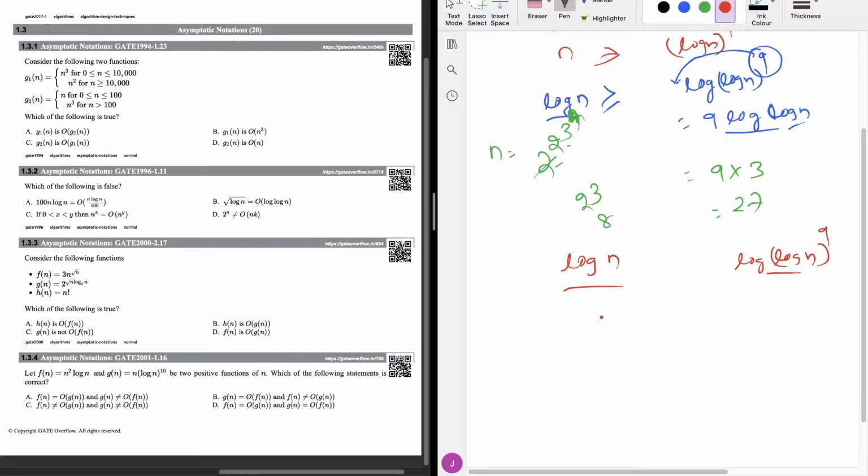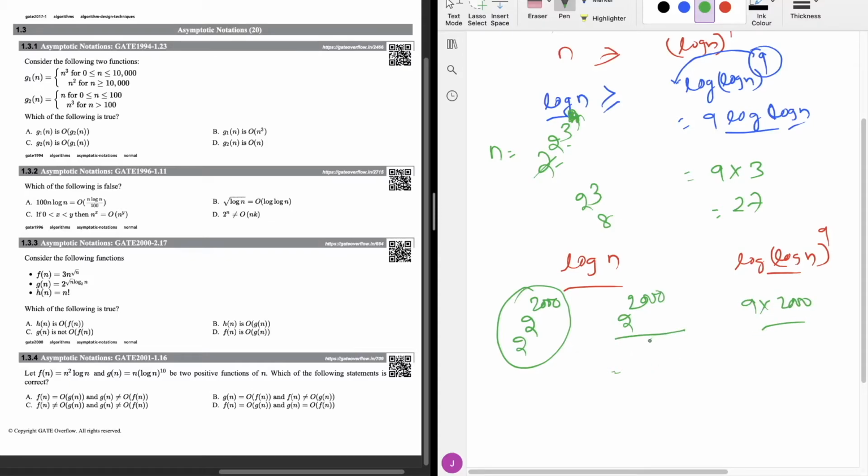So now if I take some value like 2 power 2000, right? If I take the n value as this, then here I will be getting 2 power 2000, here I will be getting 9 into 2000, right?